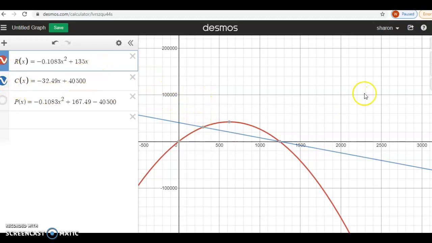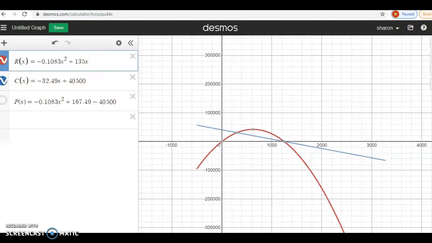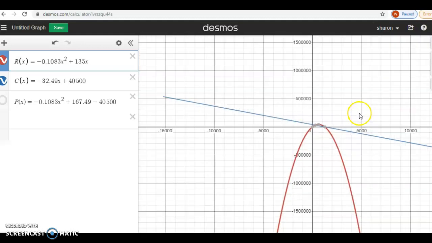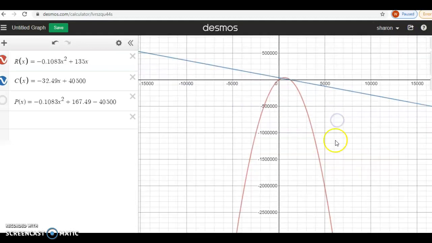The red is the revenue. So if we zoom out, you can see that's the revenue, and it's a parabola because it has an x squared, and then the blue line, which is the cost.